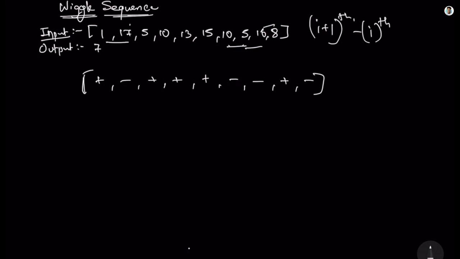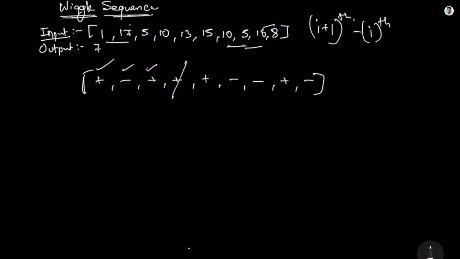So now let's see how we can make this a Wiggle subsequence. This is our sequence of positive and negative values, but ultimately we have to figure out what is the largest Wiggle subsequence that we can create out of it. So we have positive first, then we get negative, then we have positive, then we have positive again.